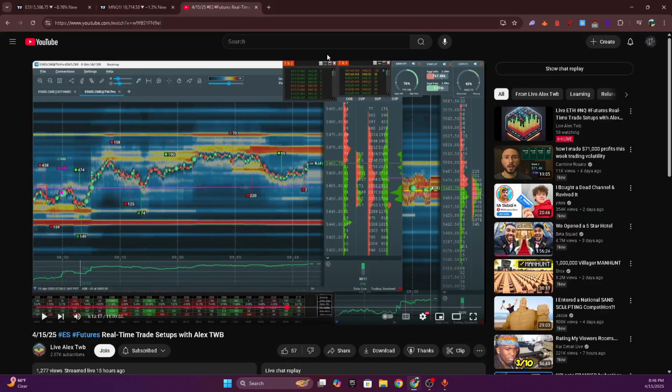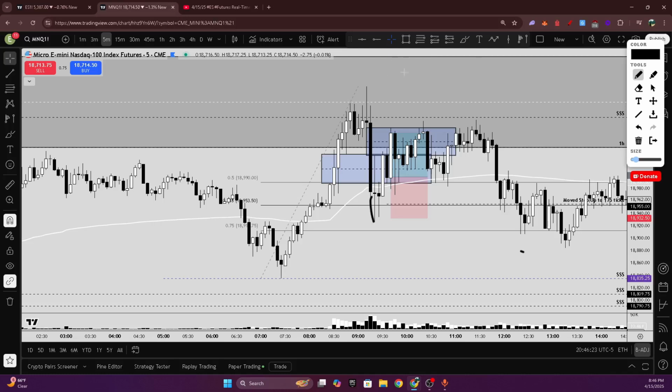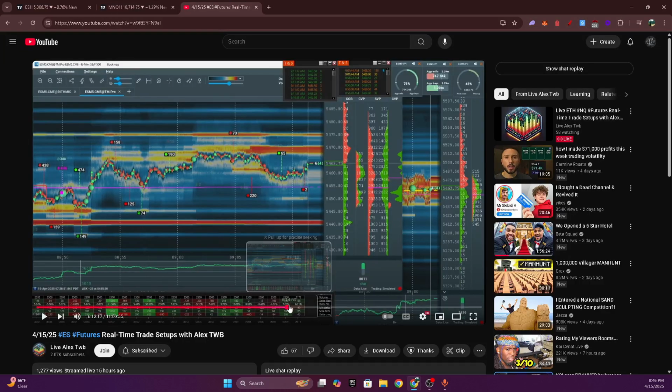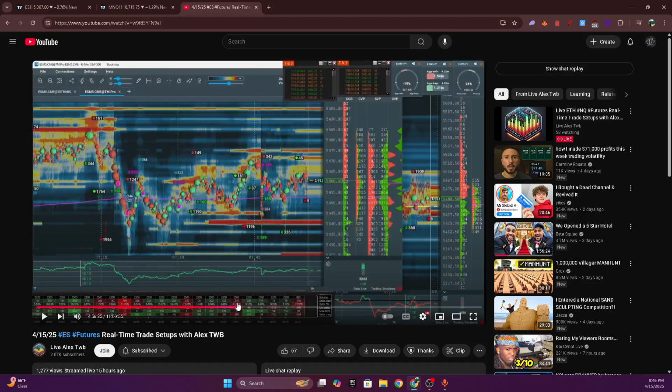And looking on the book map, which this time would be around 9:20, let's shout out to Live Alex, the good book map once again. Okay, yeah, so this is how it looks.